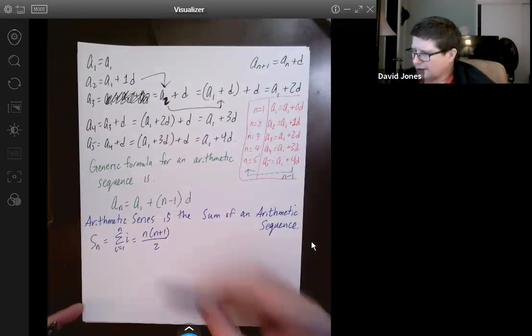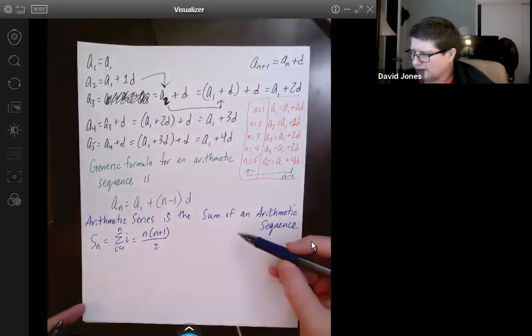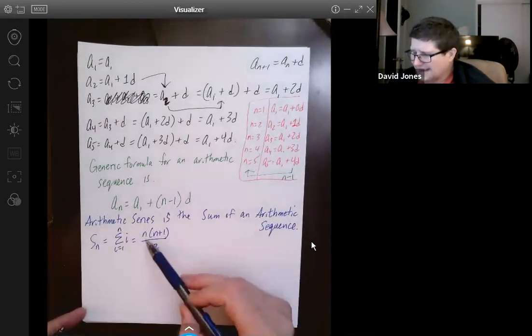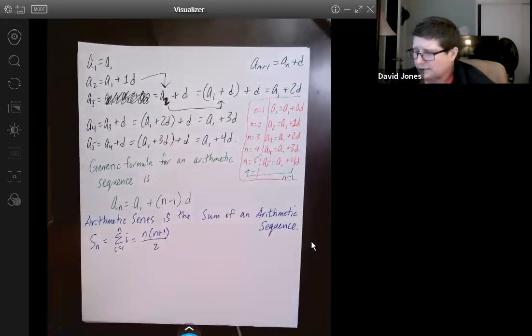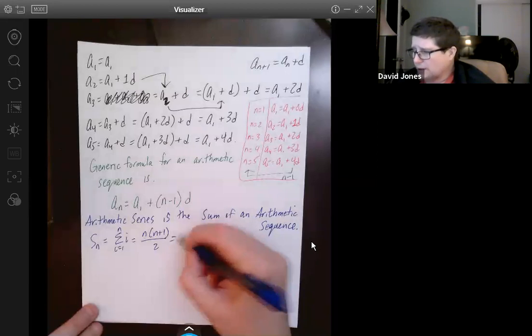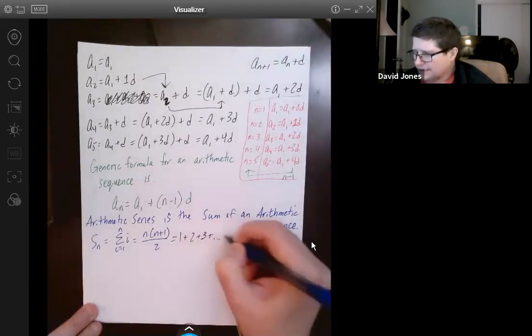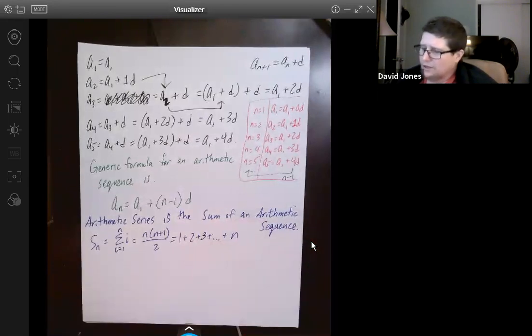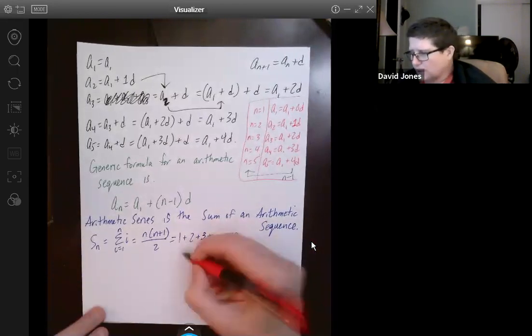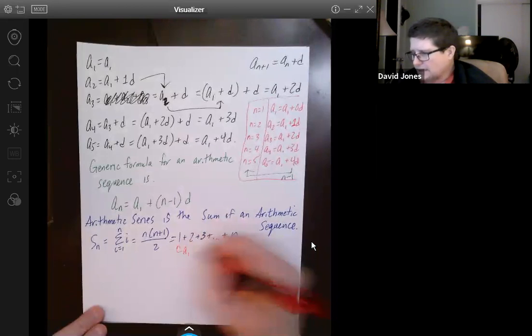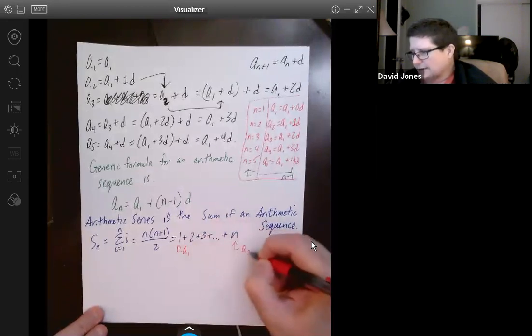But how does this relate to our arithmetic sequence? This was 1 plus 2 plus 3 plus dot dot dot plus n, remember? So this is a sub 1, and that's a sub n.